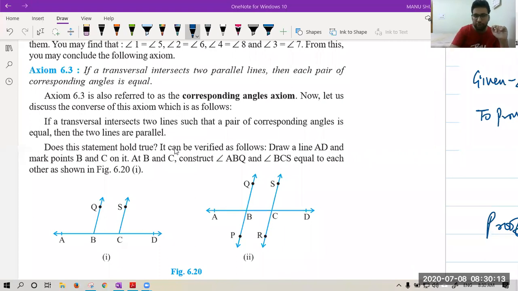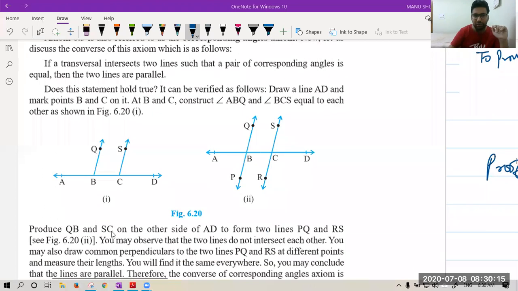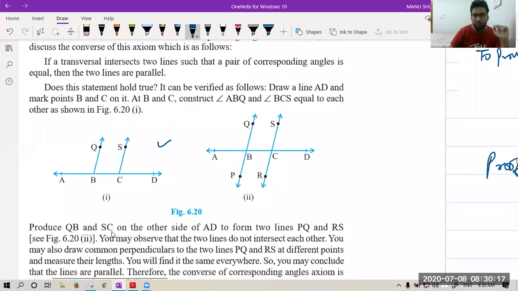You can see in this figure, although they have not completed it like this, still it will follow the theorem. These two angles will be equal, and we have these two angles equal. So we can use this corresponding angle axiom anywhere.